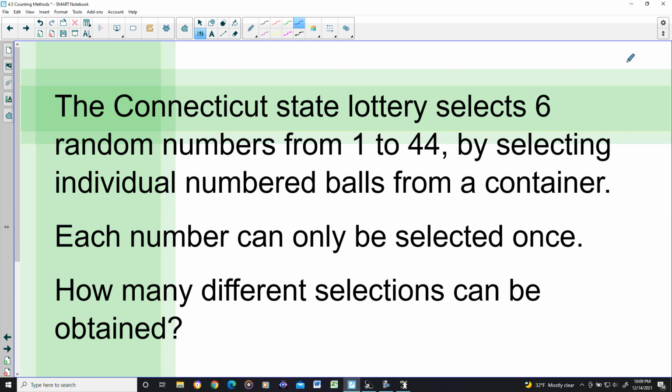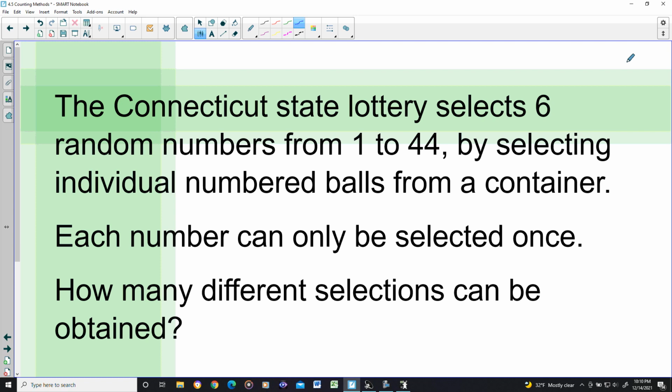Now, the Connecticut State Lottery, or just any situation where you have to select items from a container, and each task is picking from the same container, generally without replacement. The Connecticut Lottery selects 6 random numbers from 1 to 44. Other states have a lottery system very similar to this, with different amounts of balls.